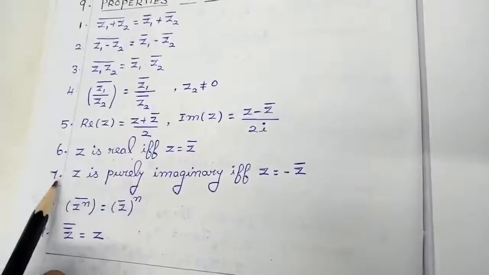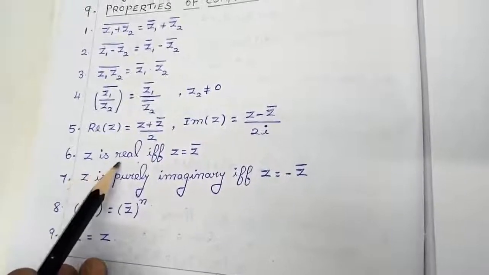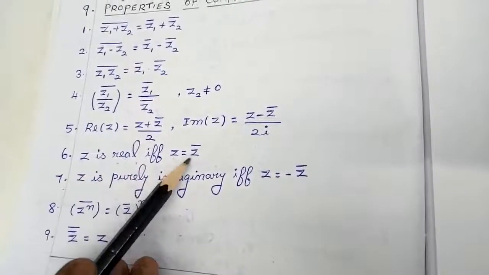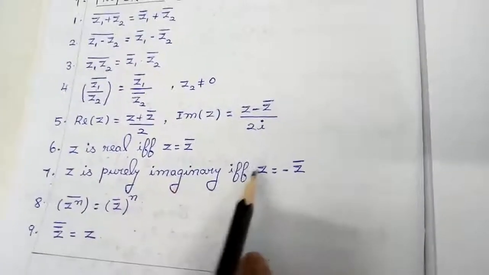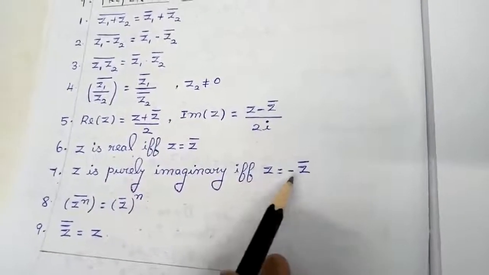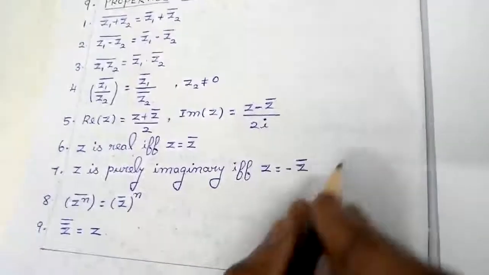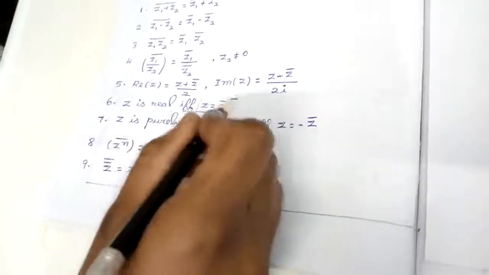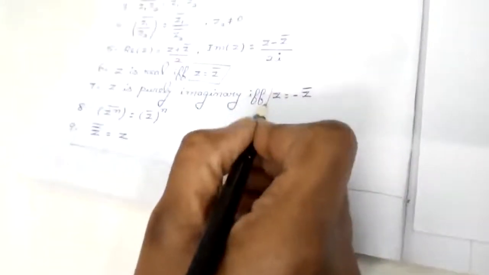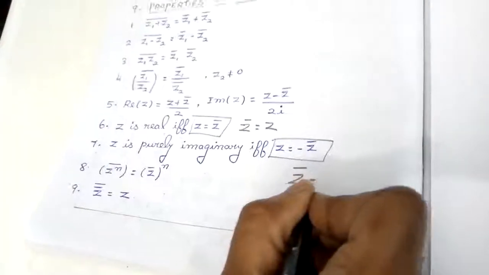Sixth and seventh are very important. z is real if and only if z equal to z bar, and z is purely imaginary if and only if z equal to minus z bar. Sometimes they can write it in another way, z bar equal to z and z bar equal to minus z.